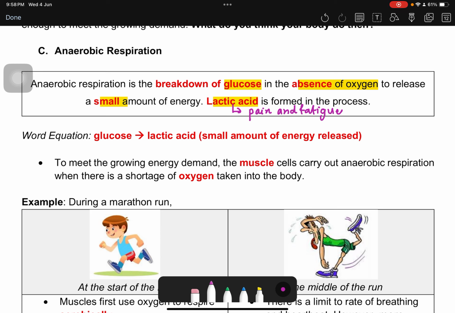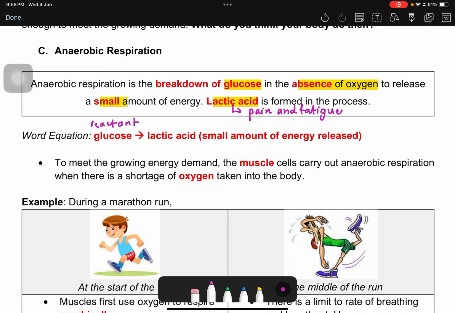Simple. Because oxygen is not required, glucose is the only reactant, and lactic acid together with a small amount of energy release are the products. Alright, I almost wanted to say that energy is a product, but instead energy is released through the process itself.